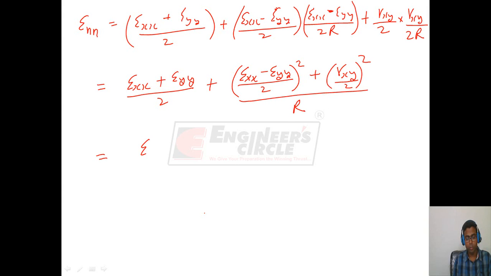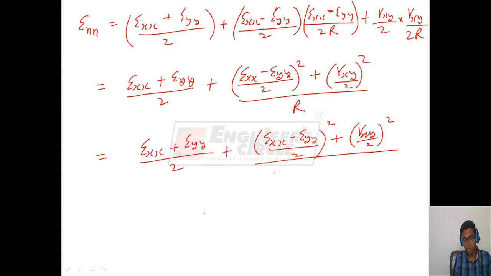Now putting the value of r, we found that r is equal to the root of ((epsilon xx minus epsilon yy) by 2) whole square plus (gamma xy by 2) whole square.